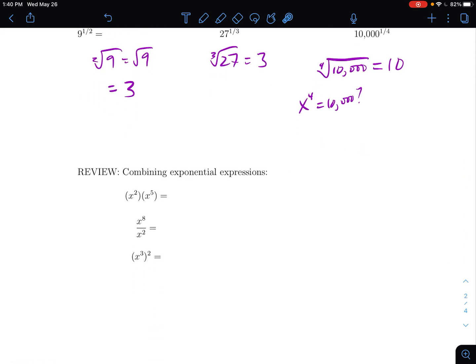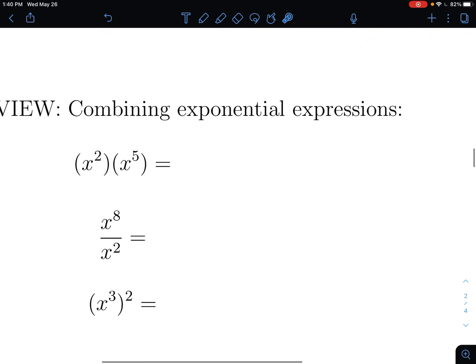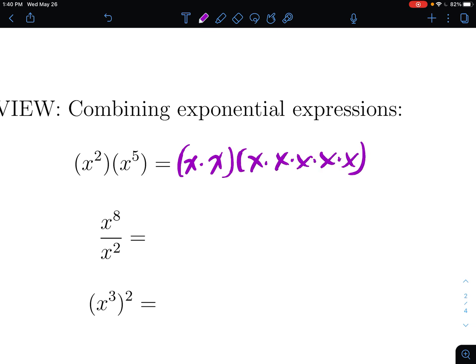Now, a couple of rules involving exponents, and let's really break these down. x squared times x to the fifth. Well, x squared means x times x. x to the fifth means x times x times x times x times x. And when we multiply all this together, we get x times x times x times x times x times x times x.